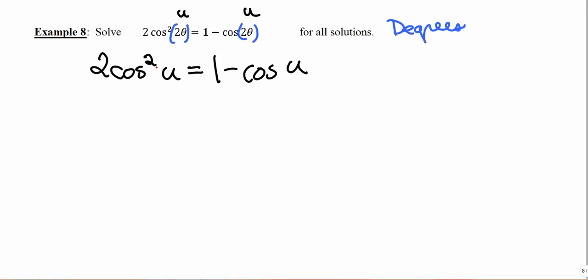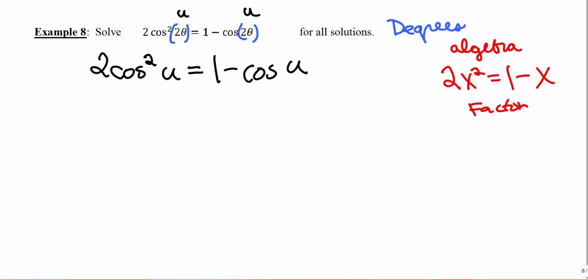If you go back to the algebra, which is what we did in the last section, it would look like 2 times x squared equals 1 minus x. If I was solving this equation in algebra, I would get everything over to one side, 0 on the other, and then try to factor. And that's what we're going to do here.